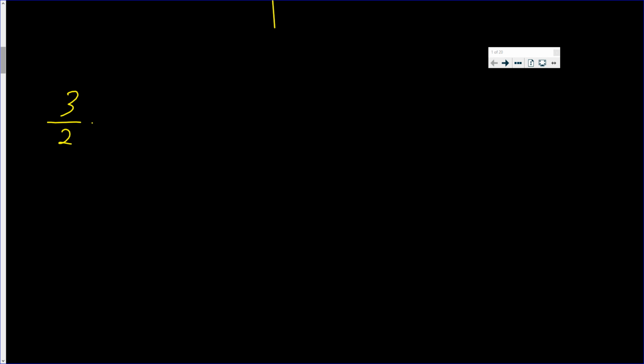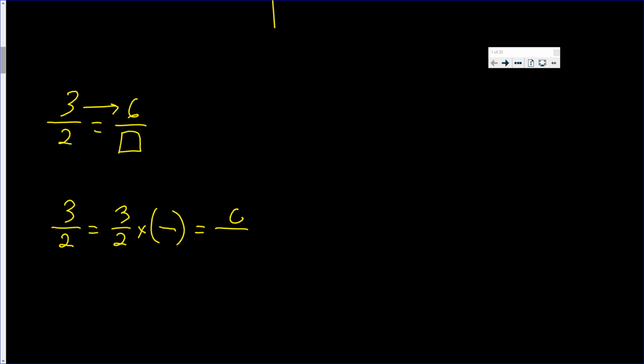3 over 2 is equal to 6 over what number? Well, just work it out. It's definitely looking different because the numerator went from 3 to 6. How can it look the same? If it doesn't look the same, you multiply by 1.